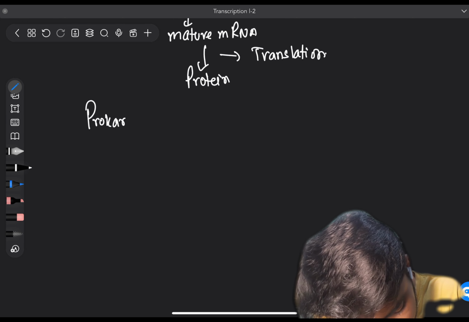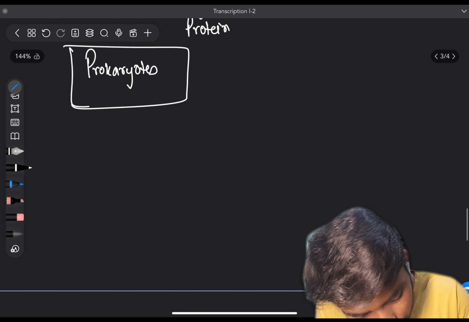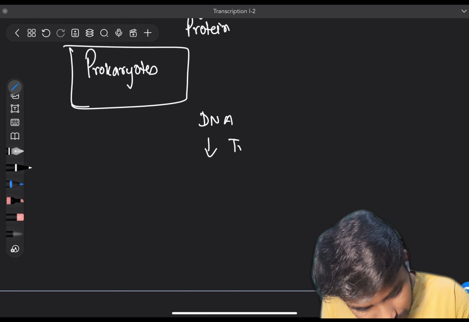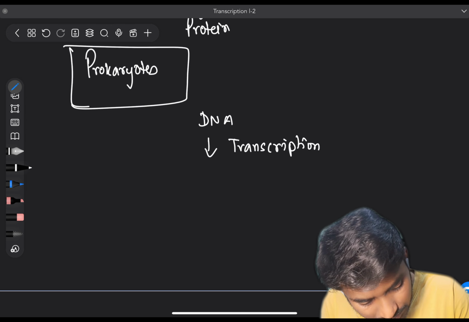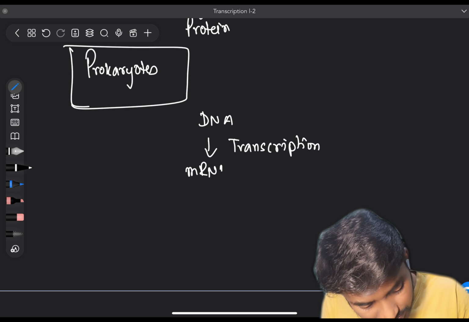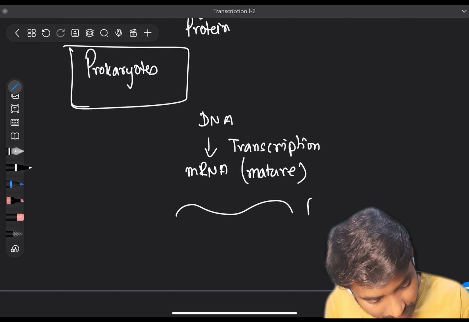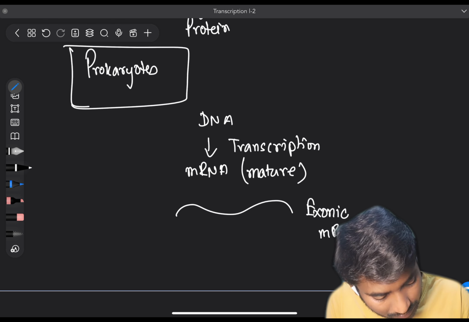Now in prokaryotes, what happens? DNA transcription creates mRNA. It is mature exonic mRNA.